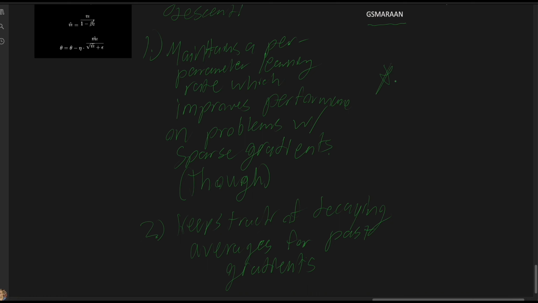So it calculates the decaying average of past squared gradients, which is used to scale the learning rate for each parameter.